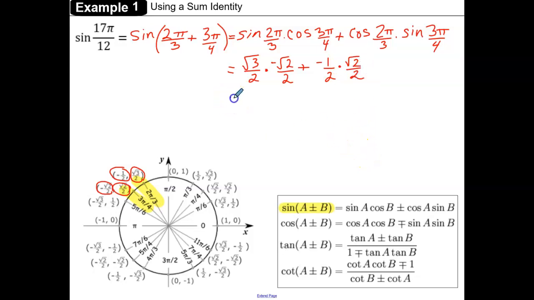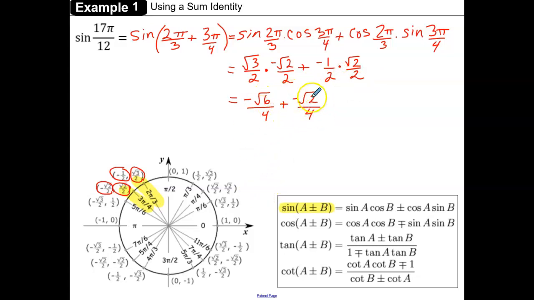And now we want to simplify, so we're going to multiply root 3 times negative root 2. That's a negative square root of 6 in the numerator, and then 2 times 2 is 4 in the denominator. Plus, then negative 1 times the square root of 2 is a negative square root of 2 in the numerator. 2 times 2 is 4 in the denominator.